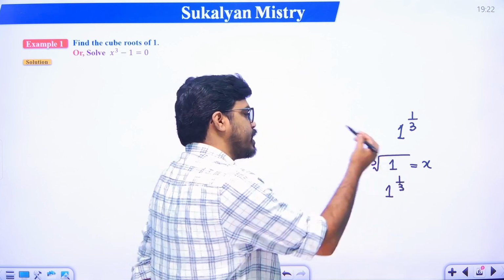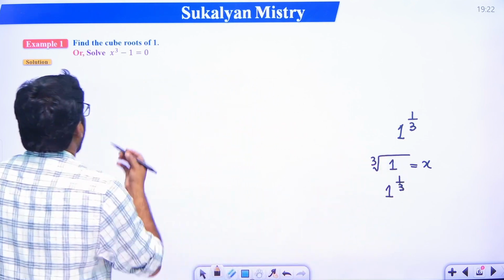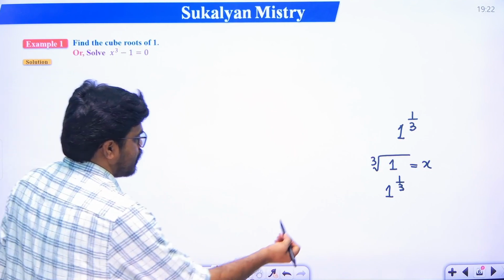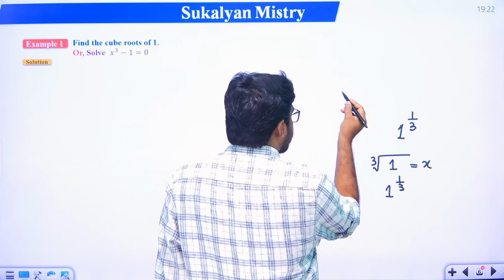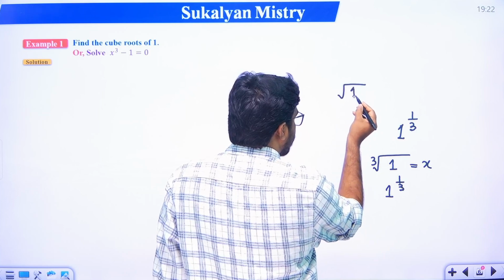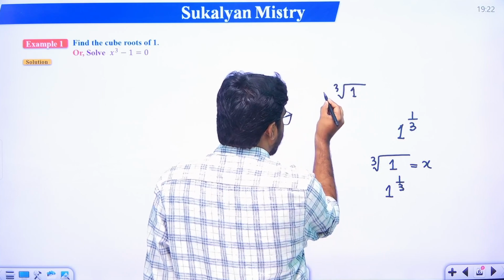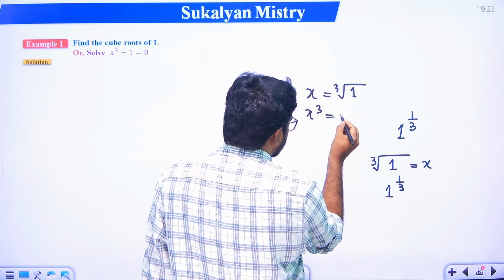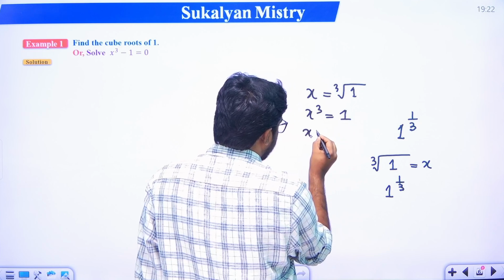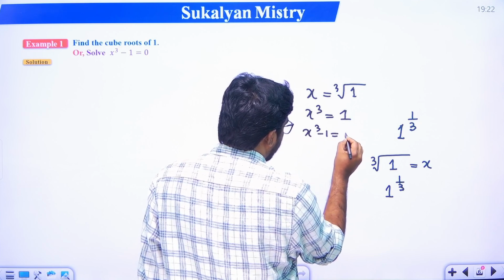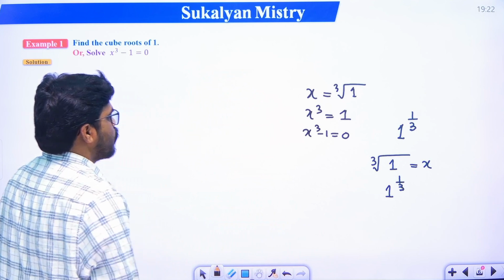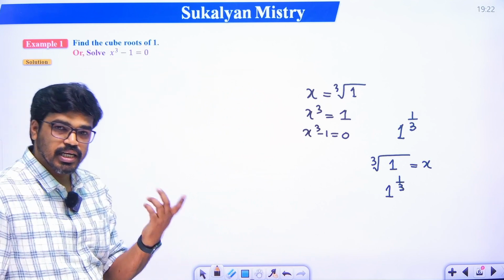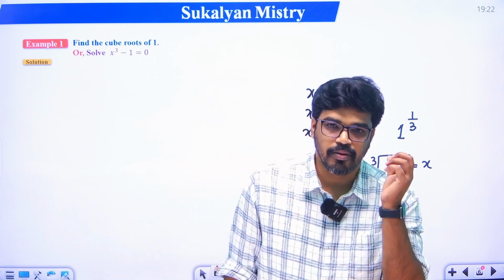So let this be x, or solve x cube minus 1. Suppose x is the cube root of unity, that means x cube is 1, so x cube minus 1 is equal to 0. Finding the cube roots of unity or solving x cube minus 1 equals 0 have similar meaning.